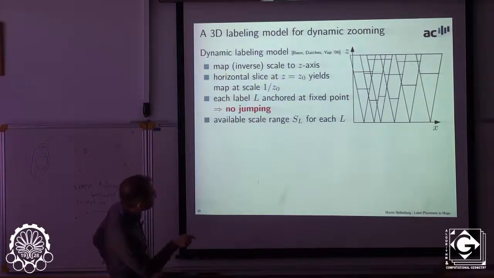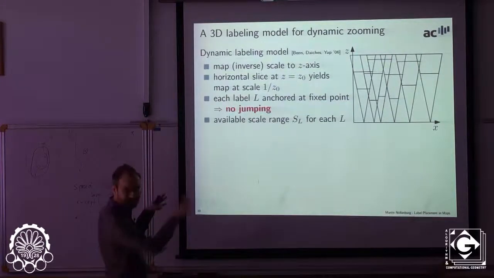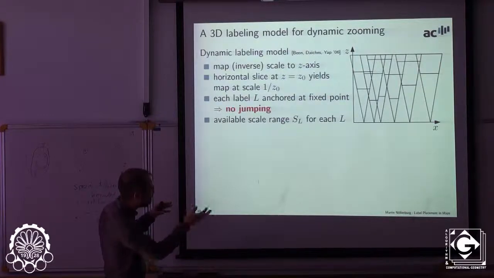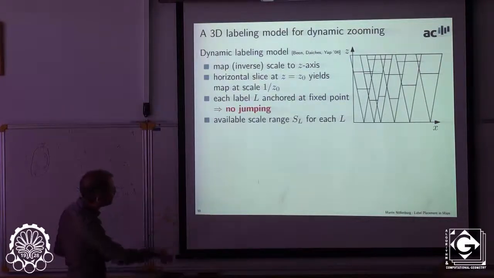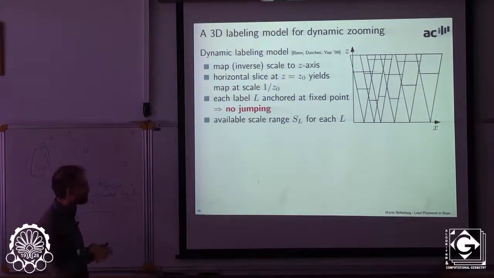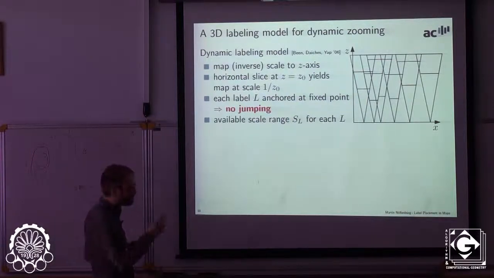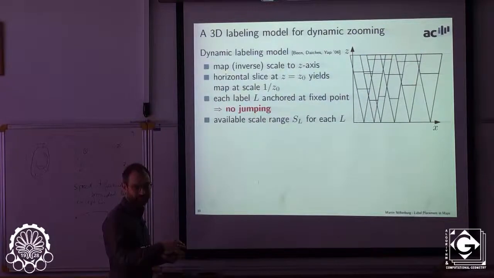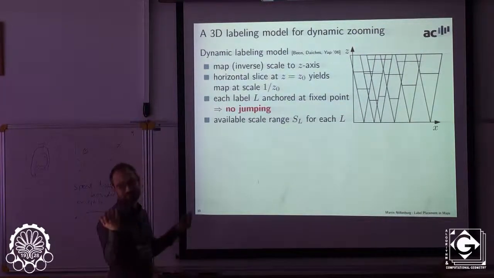So this is a kind of a schematic view. If you think of these pyramids from the side, so like taking away one dimension, you have the scale on the vertical axis and maybe the point distribution or projection on the right. Then these pyramids become triangles. And for each label, we now have an available scale range where we can show that label. So maybe it makes sense to show a particular restaurant only at scales where you see the street level of a city and not if you have country level.